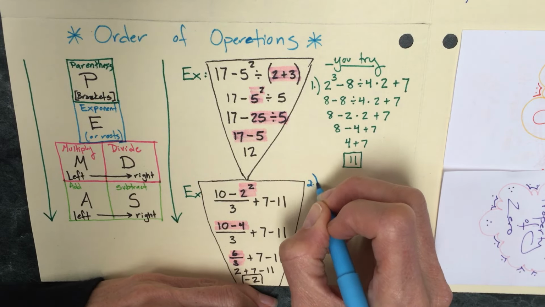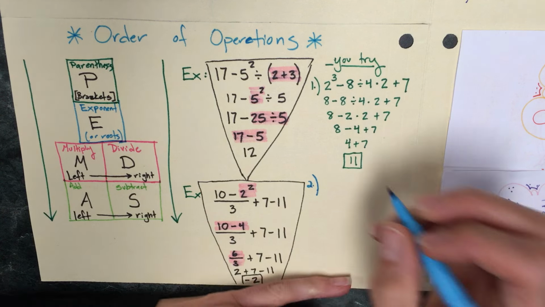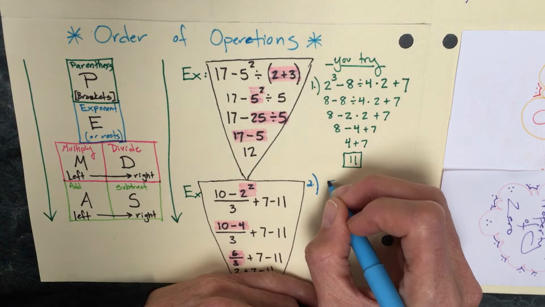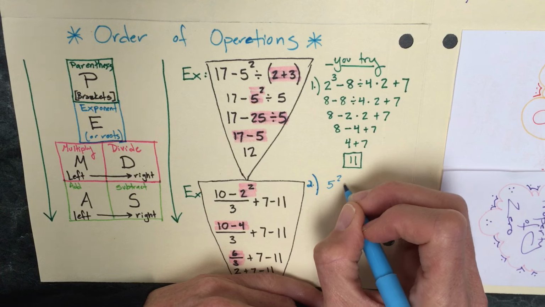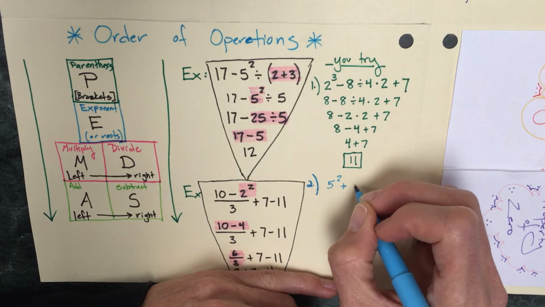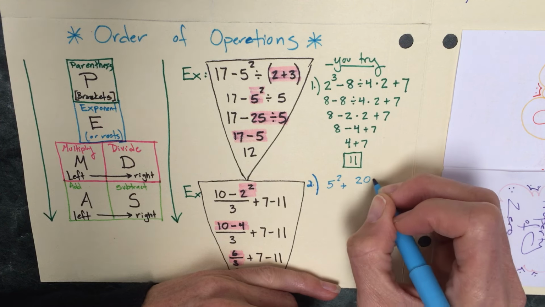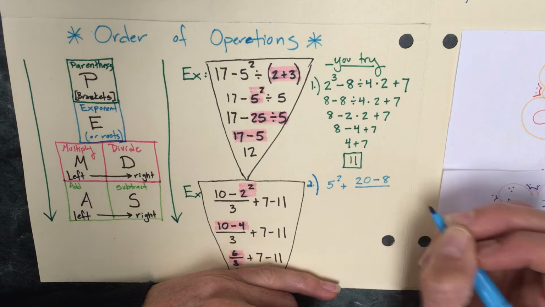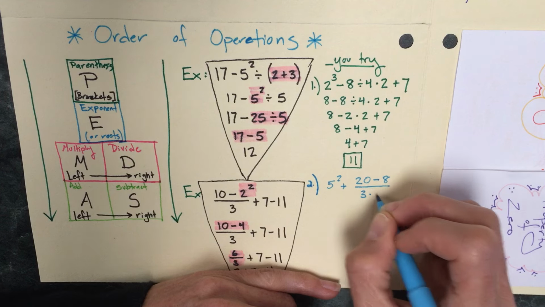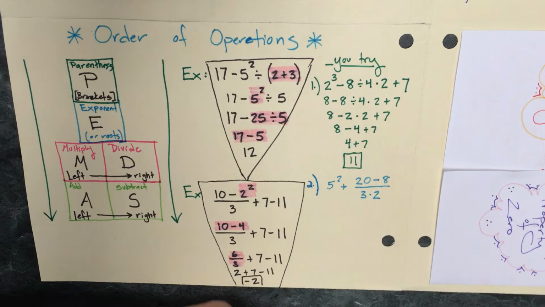Oops, number 2. All right, write this down. 5 squared plus 20. Notice I'm putting it kind of higher because it's going to be divided by 3 times 2. Okay, go ahead and pause and try this one.